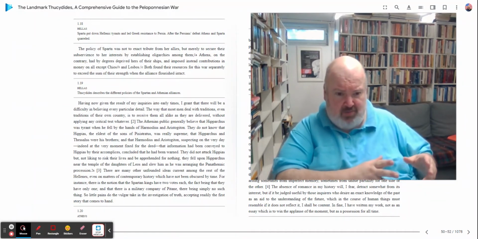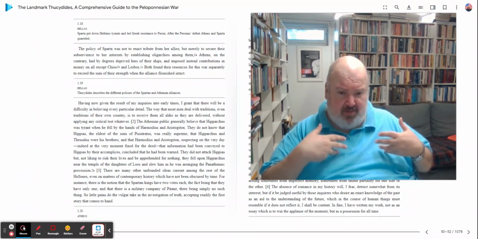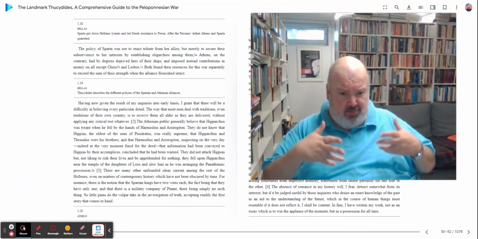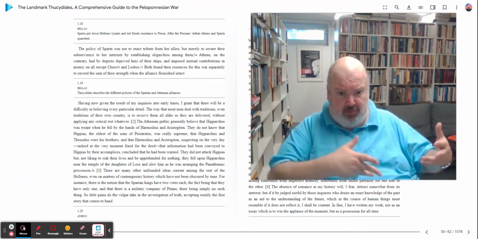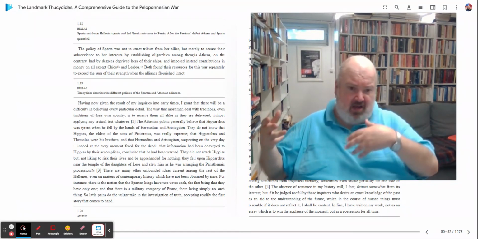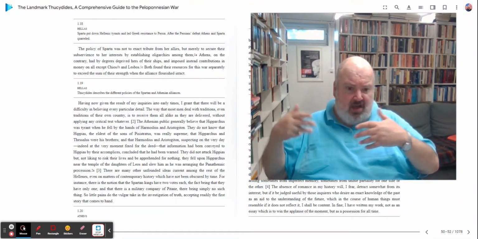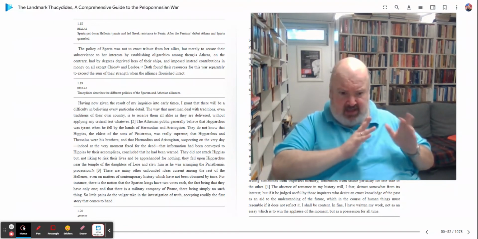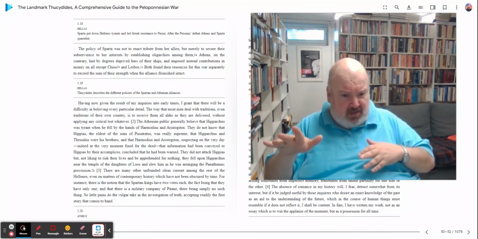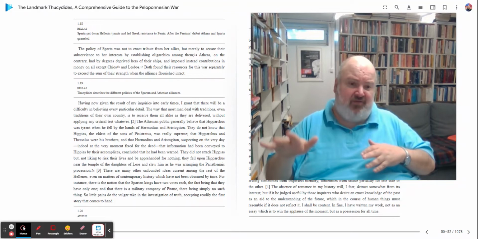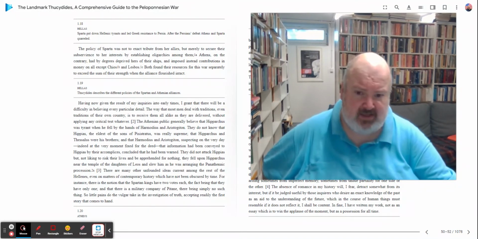An oligarchy would be their people and people supporting them, the few who agreed with the Spartan policy and would follow Spartan policy in larger matters. But they were not going to take any money or anything else. They just wanted to make sure you were going to be subservient to Sparta and follow the Spartan lead.